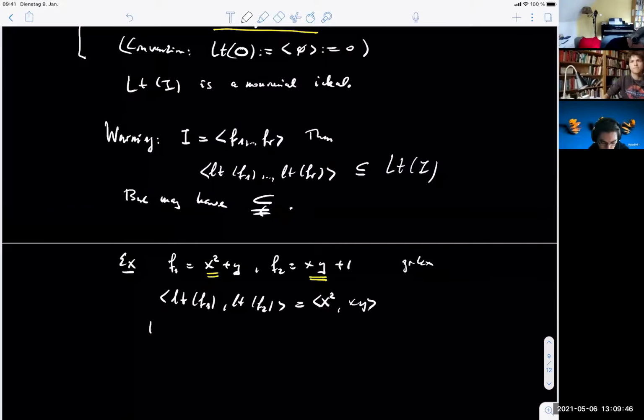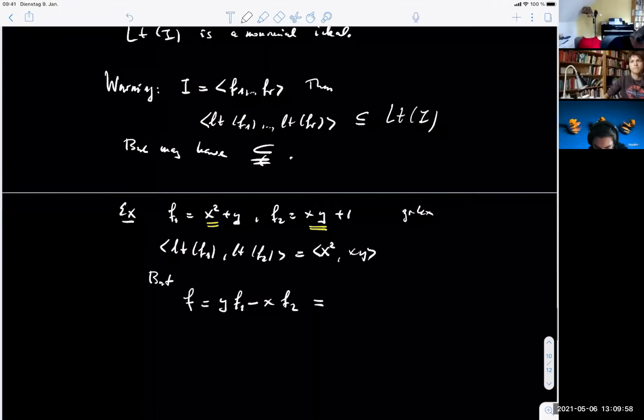Now I take this linear combination f equals y f1 minus x f2. We see some canceling. Let me calculate on the side. y f1 is x squared y plus y squared, and x f2 is x squared y plus x.